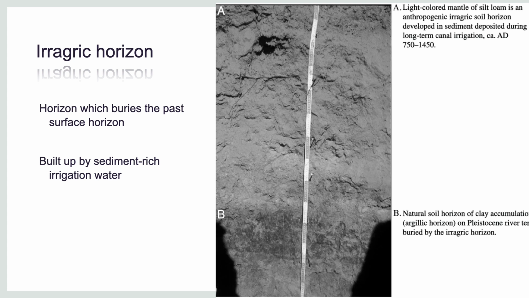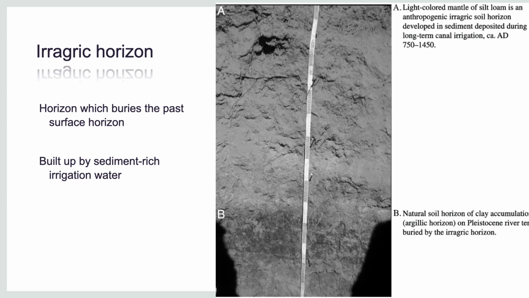The poor quality water brings silt and fine sand, and these particles were accumulated at the surface and buried the past surface horizon. Okay, it's quite interesting, right?